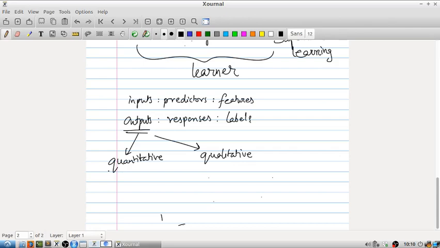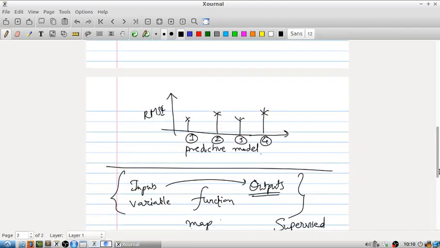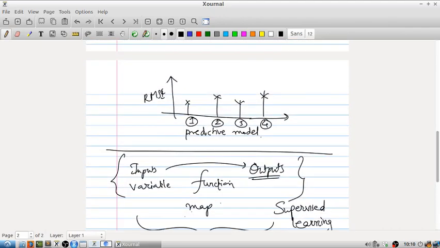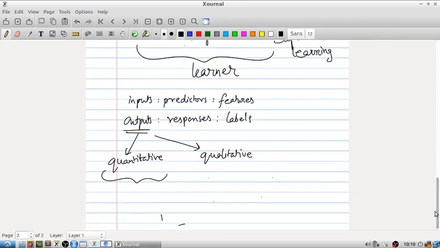And in the quantitative setting, we're going to call the map a regression function. This map or function that maps inputs to outputs in the quantitative setting, we're just going to call it a regression function.